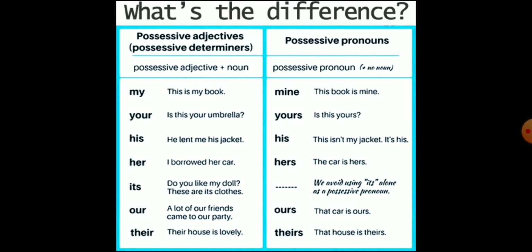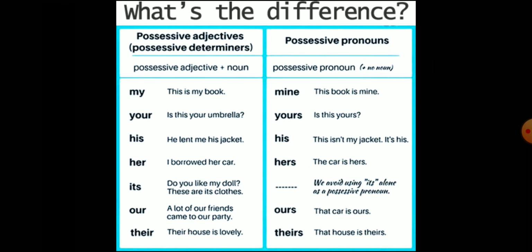Now what's the difference between possessive adjectives and possessive pronouns? This is a very important thing, because children generally get confused and are unable to distinguish between possessive pronouns and possessive adjectives. So let me tell you about possessive adjectives first. As the name says, it's an adjective, which means it modifies a noun, and that noun must be expressed.